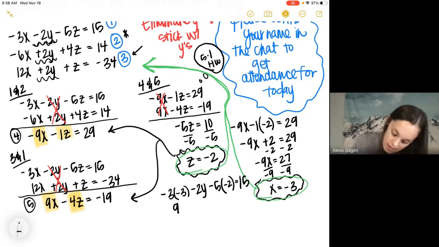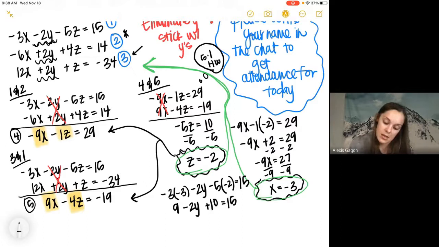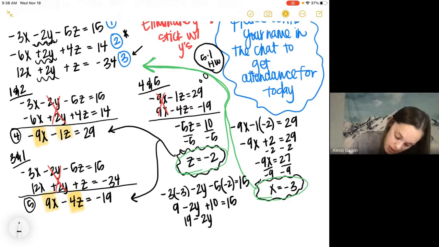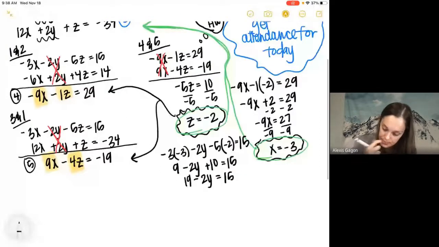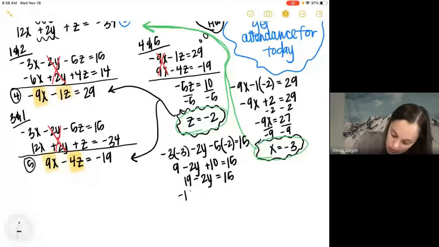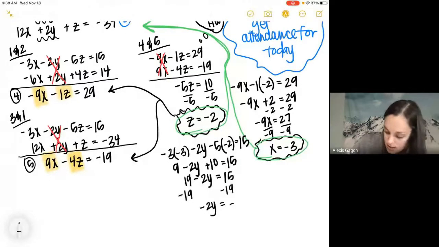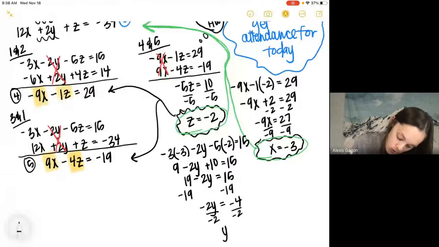Negative 2y. Negative 5 times negative 2 is a positive 10. That's still 15. 9 plus 10 is 19. So this is 19 minus 2y equals 15. Subtract the 19 over. So you get negative 2y equals negative 4. Divide by negative 2. So y equals 2.